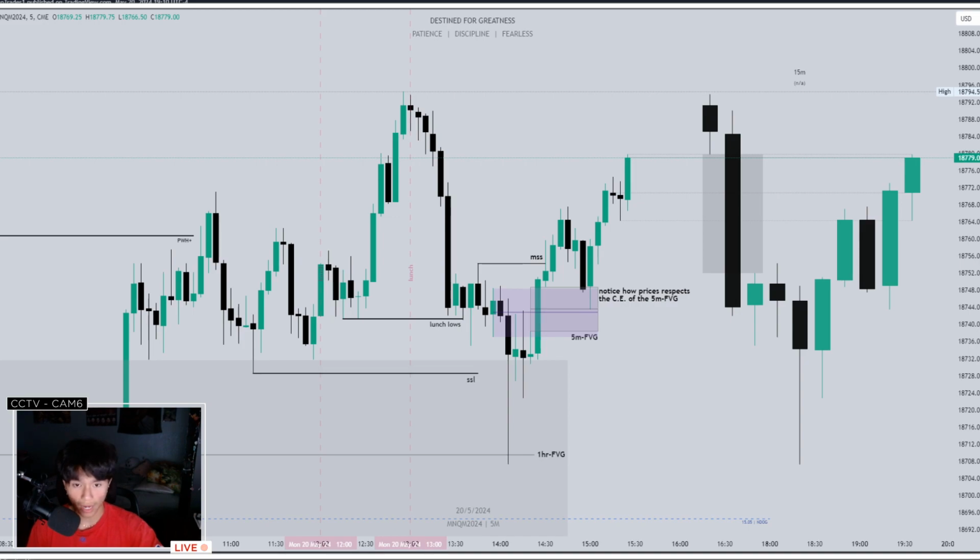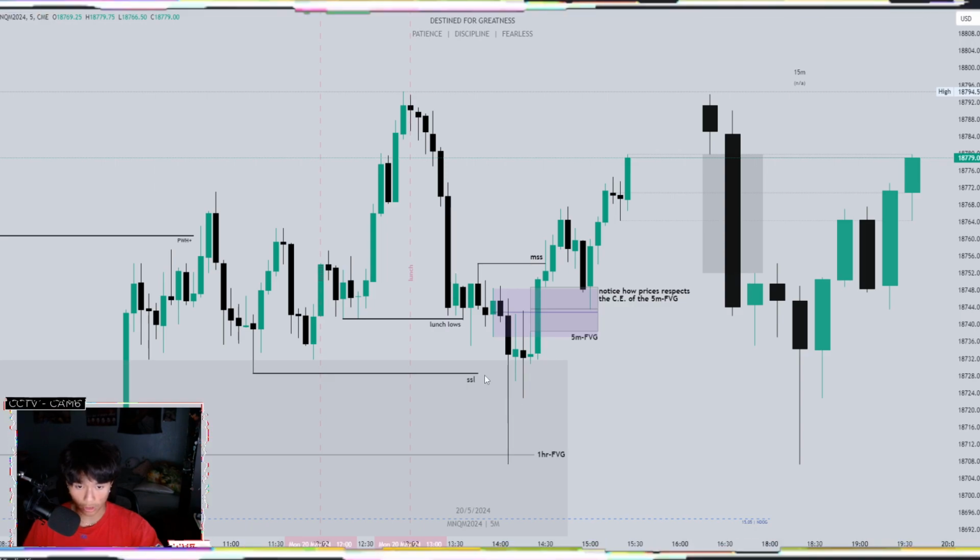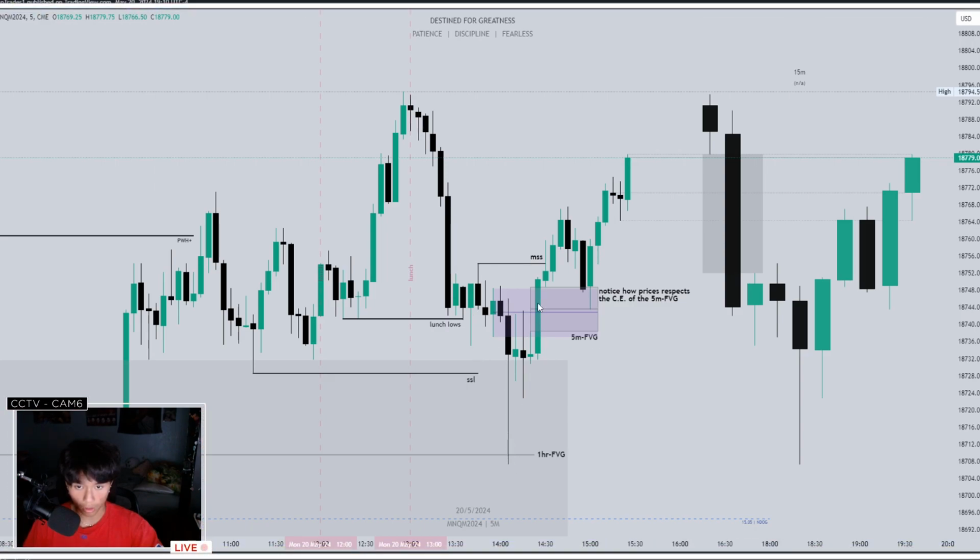Now we're on to the 5-minute time frame. In that hourly wick, we have a 5-minute fair value gap, a breaker structure, low, high, lower low, higher high. So the highest green up-close candle right here is our breaker block, sorry, and unicorn pattern, whatever.